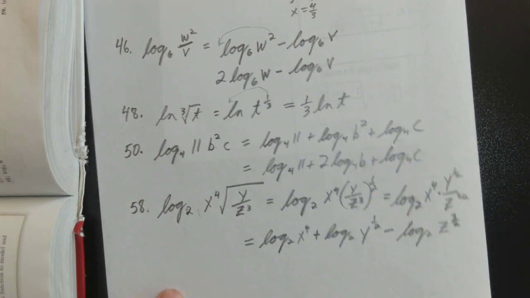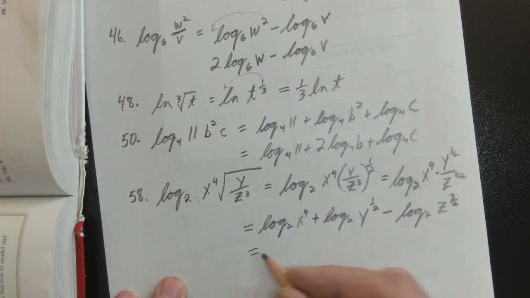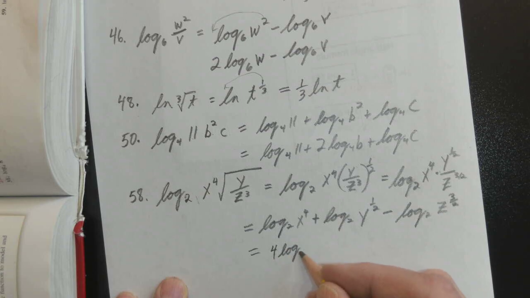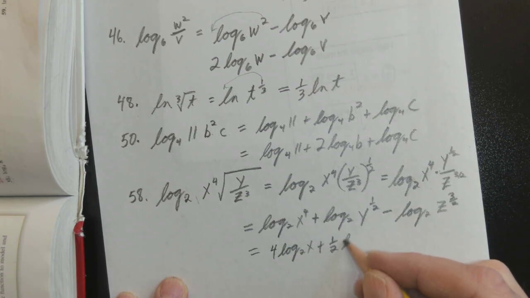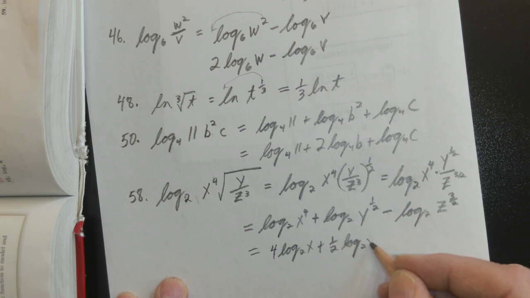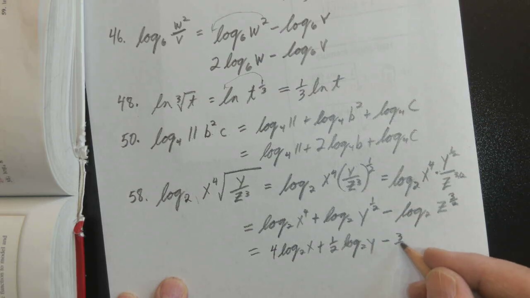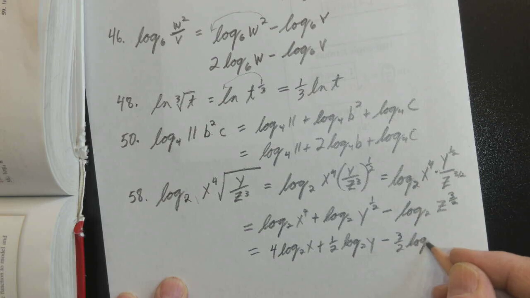All good with that? And then let's deal with the exponents. So 4 log base 2 of x plus 1/2 log base 2 of y minus 3/2 log base 2 of z.